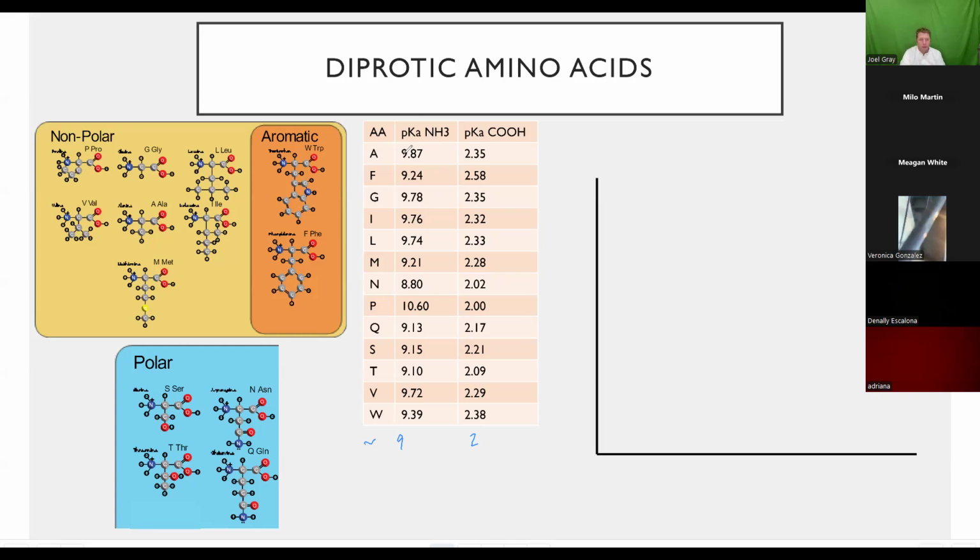If you pull up a biochemistry textbook or look for other resources online, you're going to find numbers that might vary a little bit. But at the end of the day, all of these diprotic amino acids are going to have titration curves that look a little bit like this.